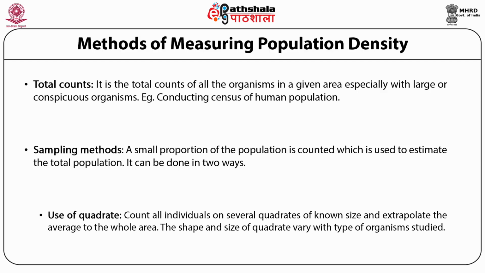In this method, count all the individuals on several quadrats of known size and extrapolate the average to the whole area. The shape and size of quadrat vary with types of organisms studied. It can be circular, triangular or square type. This method is extensively used for plant populations and many invertebrates.